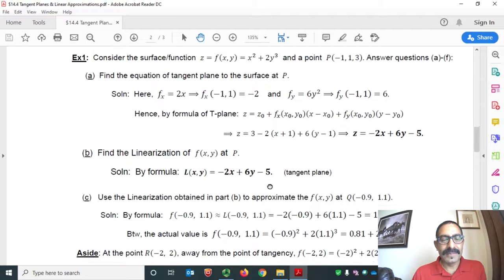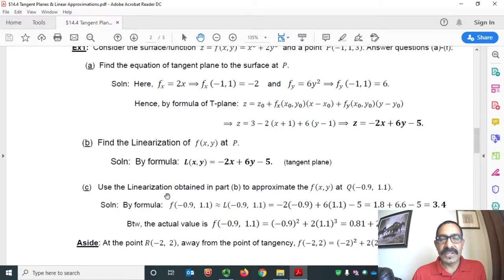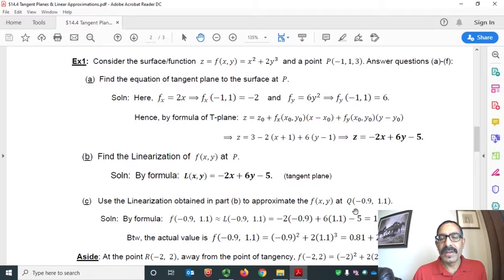Part C. Use the linearization obtained in part B to approximate the function f(x, y) at the point Q, whose coordinates are (-0.9, 1.1). So this point is close to the point of tangency. If our point is far away from the point of tangency, then our approximation is a worse approximation.